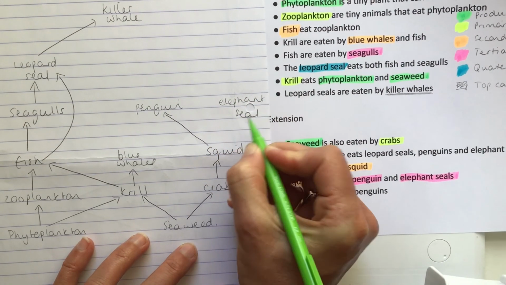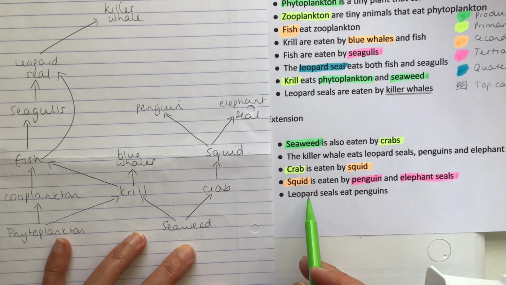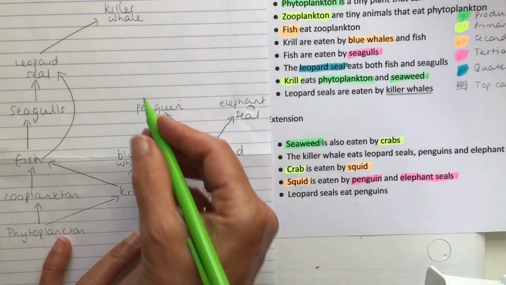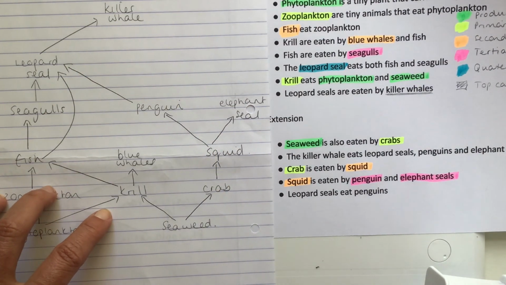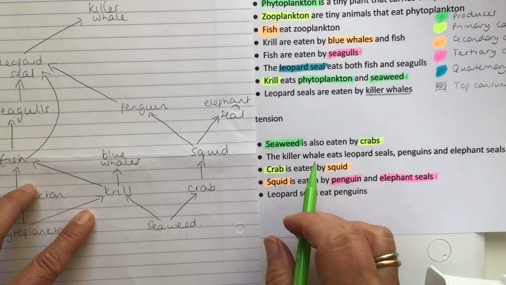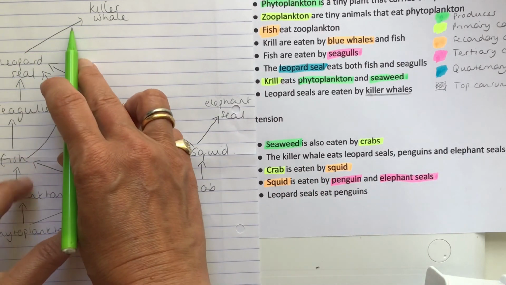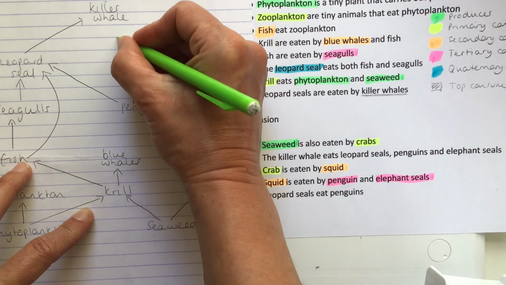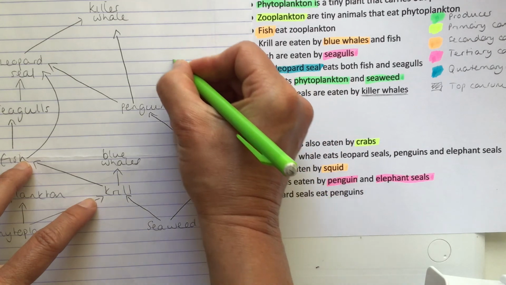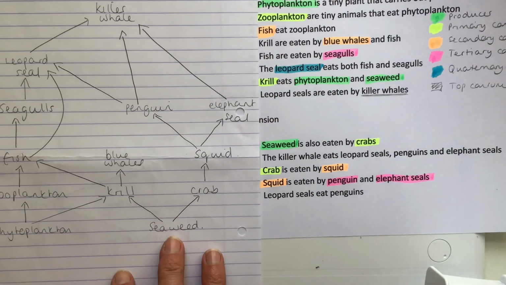Elephant seal here, and then it says leopard seals eat the penguins, so that links into the leopard seal here. And finally this sentence here, the killer whale eats the leopard seal. We've already got that in there. He also eats penguins and elephant seals. So there we have it.